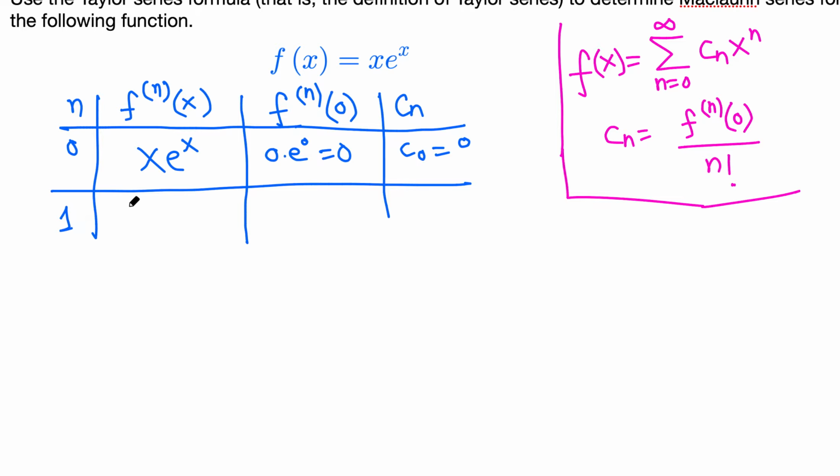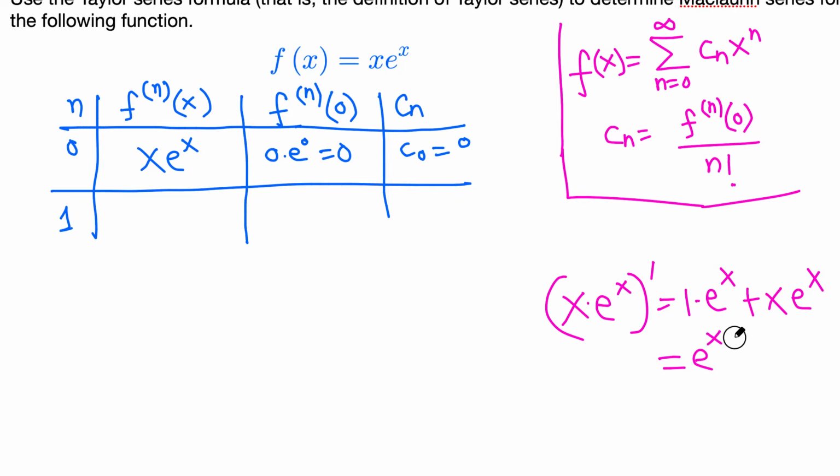For n equals 1, we need to find the derivative of this, which is a product. So let's use the product rule. The derivative of x is 1, times e^x, plus x times the derivative of e^x, which is just e^x. Now we can factor e^x out: e^x times (1 plus x).